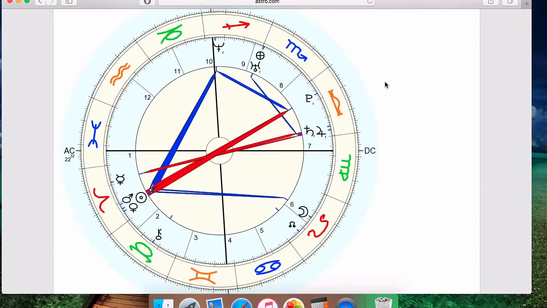And because signs are on this sort of axis where they have similar themes, the one is usually a result of the other.